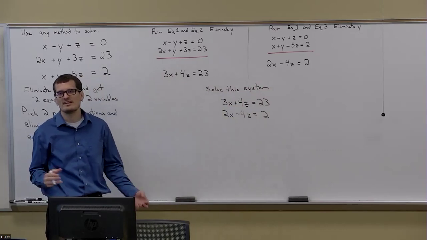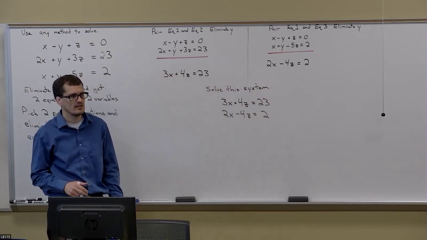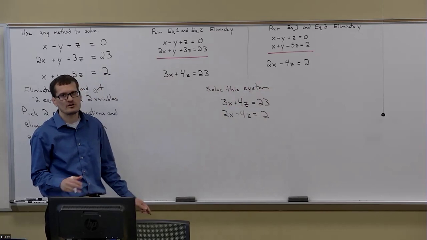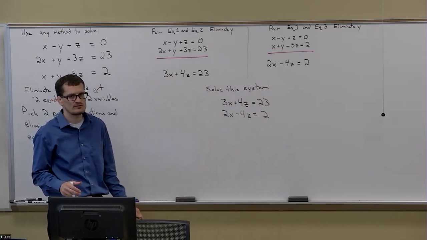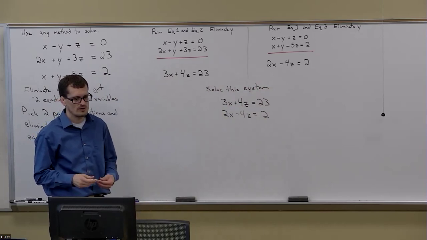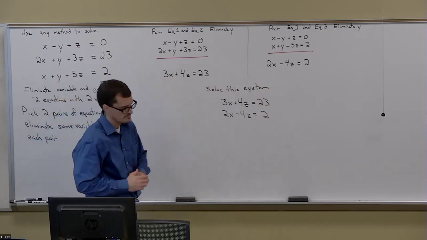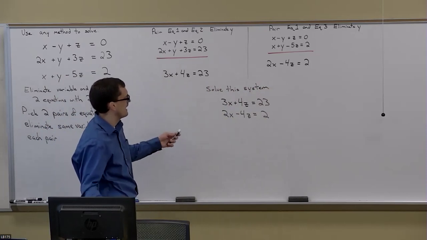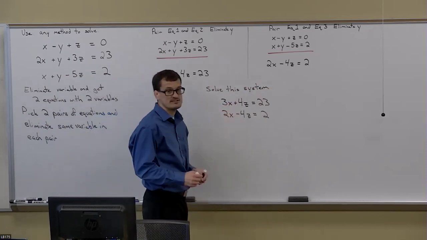Well, once again, the nice thing about this one, and they usually don't always work out this way, I'm giving you sort of the nicest version of this, so we don't have to do a lot of work. But this one already has opposite coefficients on the z's.